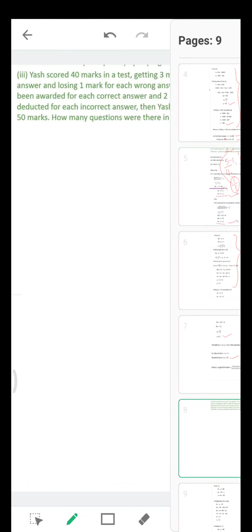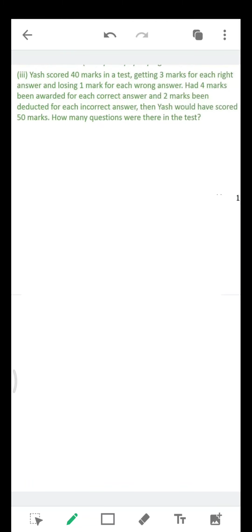Next, let's go to the next question. This is one of the most interesting questions of this exercise. It's about negative marking. Everybody knows in competitive exams you have negative marking.